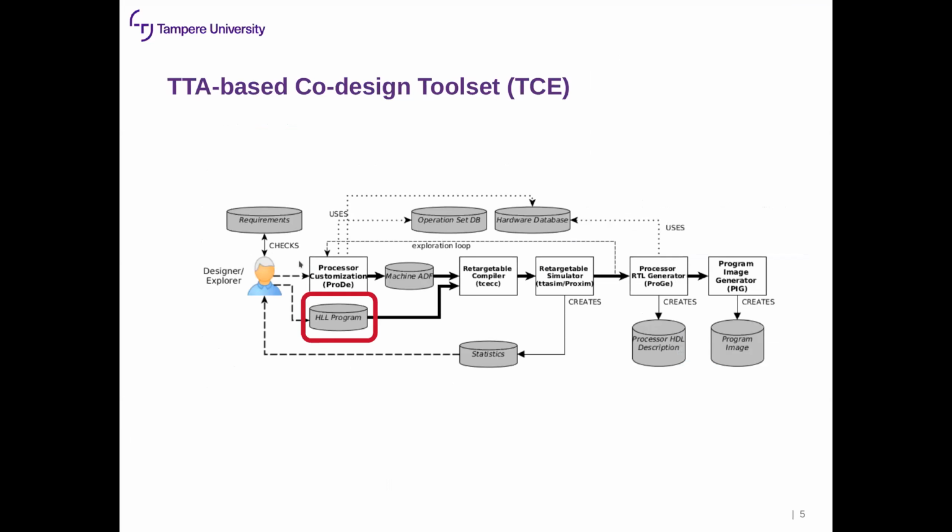And then you basically start first by defining a starting architecture in our processor designer. And you can take your program and the starting point architecture and compile it for that architecture. And using the simulator, you can simulate and get different statistics, such as the cycle count.